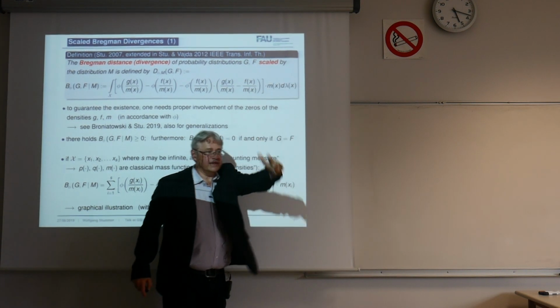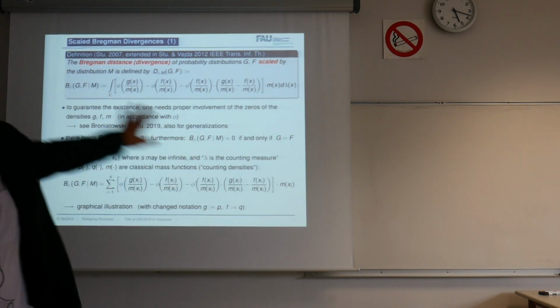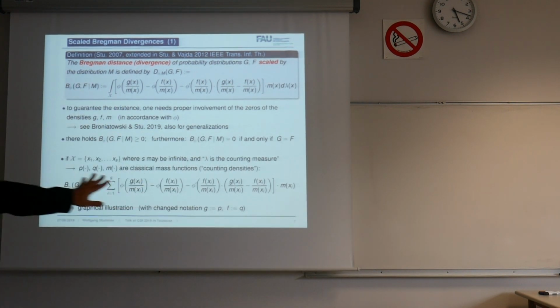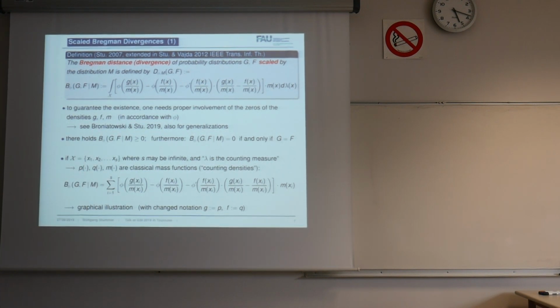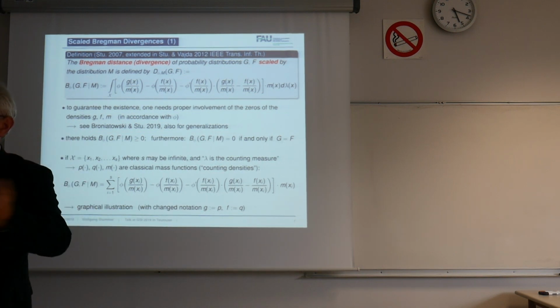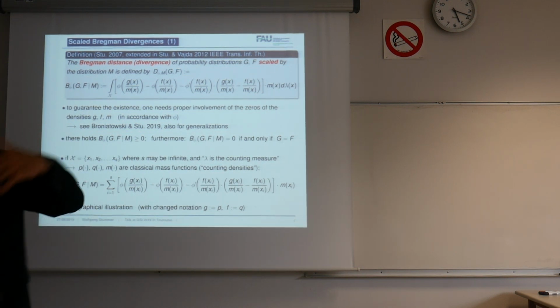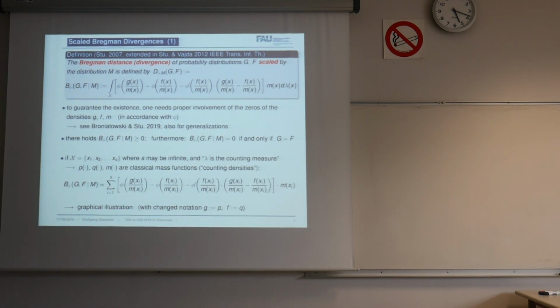So we have 3 scalings and discuss everything. But for today, I wanted to keep it simple. You can extend it also to this case, and then you recover, as a very special case, some newer divergences of Zografos and things like that, who use similar methods. Do we have more questions?